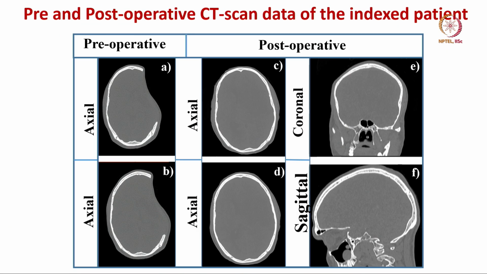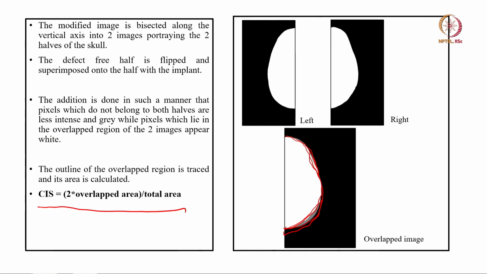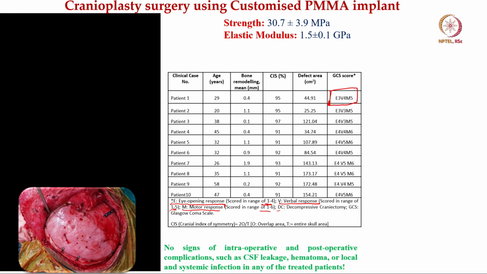So it is clear that this cranial index of symmetry should be close to 100%, but clinical evidence says that in most cases it is more than 90%, 90 to 95, or more than 95 is more clinically acceptable, and this has been done in patients who received polymethyl methacrylate implants.